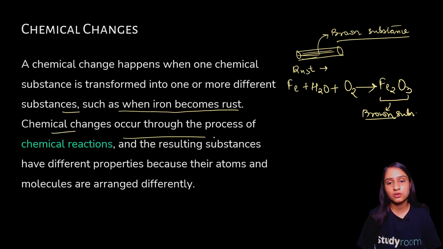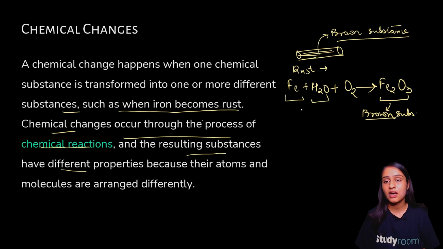Chemical changes occur through the process of chemical reactions. Simple. And the resulting substances have different properties because their atoms and molecules are arranged differently. You can see here that the atoms and the molecules are arranged differently, because a chemical reaction occurred and the ferric oxide got produced. So this is the product and this is the reactant.